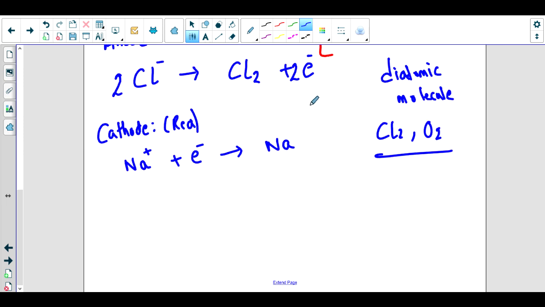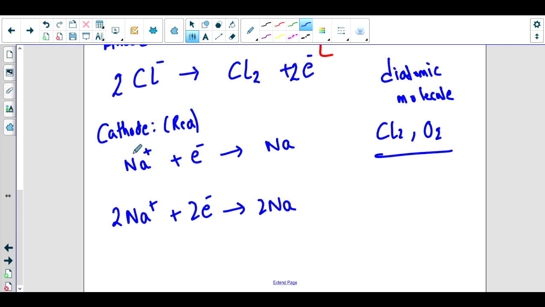Again, there is a problem here. Remember, we have discussed earlier that electrons lost should be equal to electrons gained. If 2 electrons are lost here, there must be 2 electrons gained by the sodium. But sodium cannot gain 2 electrons, it can gain only 1 because it's Na+ only. So there must be 2 sodiums. You have 2 Na+, they take the 2 electrons and you have 2 Na.